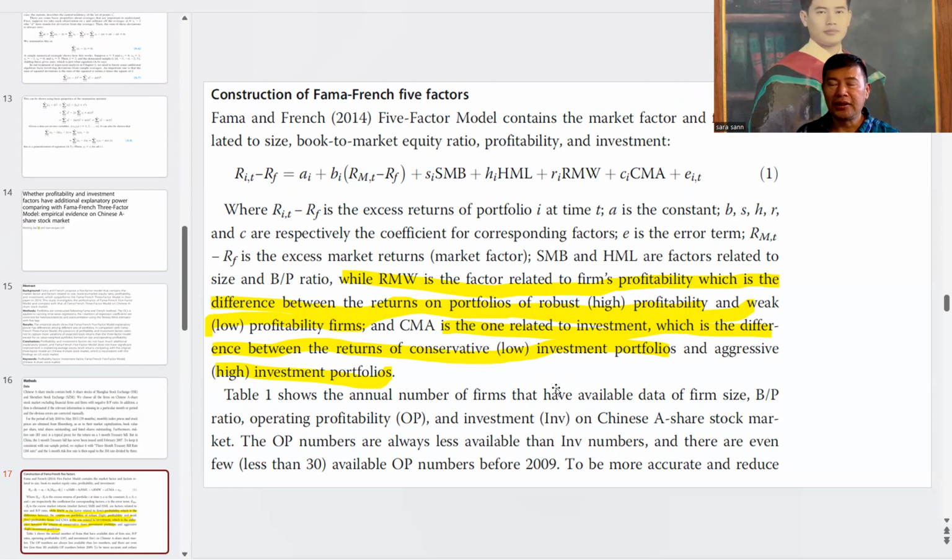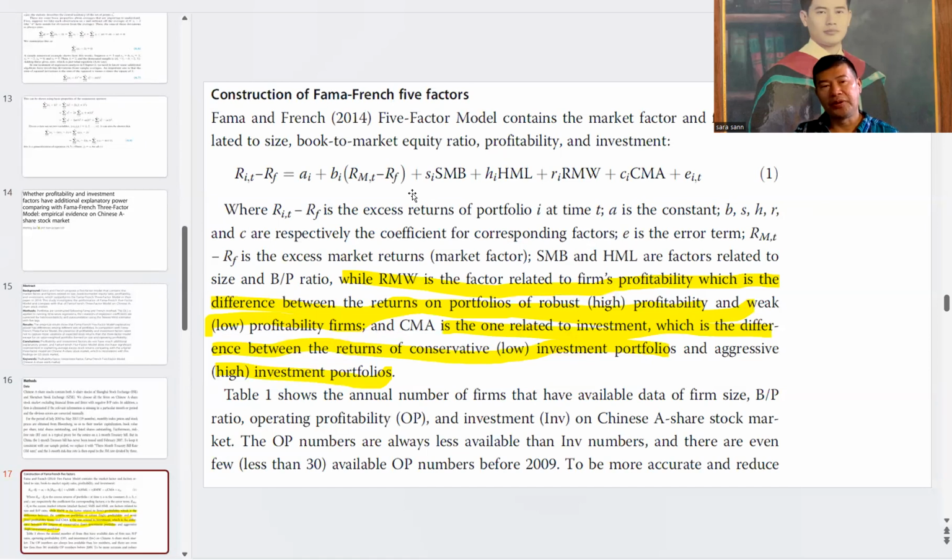I assume that students know how to write the abstract, the introduction, and the conclusion. The conclusion is from the result. So this is the equation of the five-factor model.